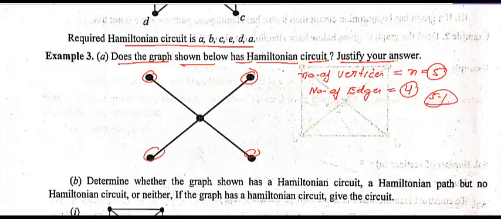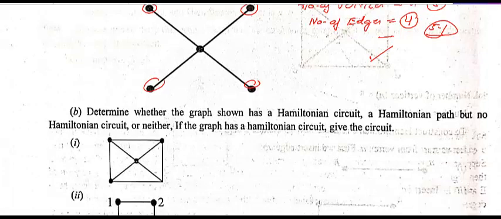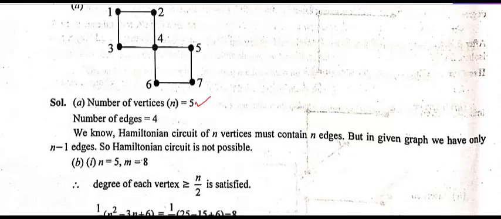Path is possible, circuit is not possible, because a circuit has n edges. So Hamiltonian circuit is not possible in this example. Correct? n is equal to 5, and the edges are n minus 1, so circuit is not possible.